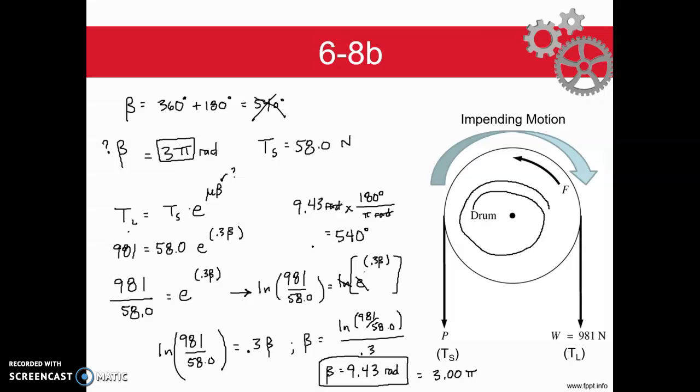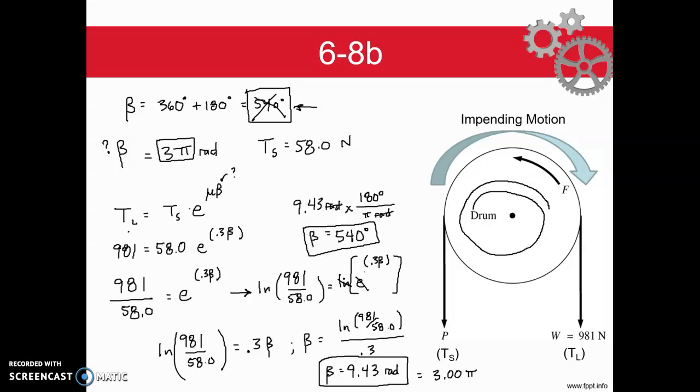So that is a more practical unit to express your answer in, and we can see that that is actually what the original problem gave us. 1.5 full rotations is 540 degrees, or 3 pi, or 9.43 radians.